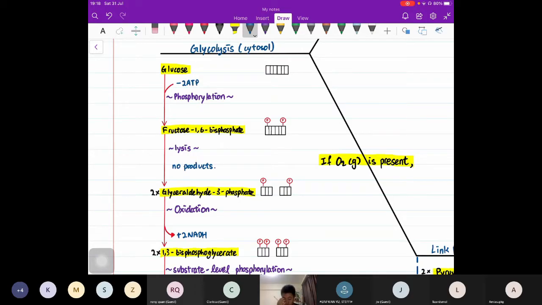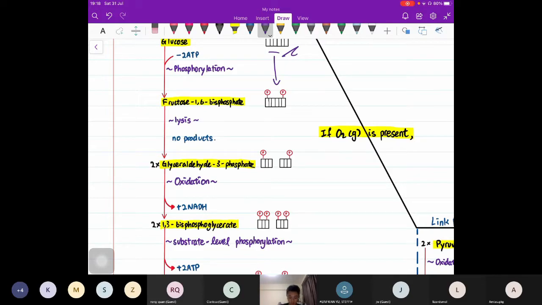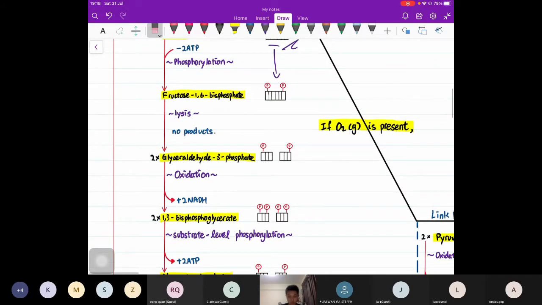The first thing is glucose becoming fructose 1,6-bisphosphate. From a 6 carbon, it stays a 6 carbon, but suddenly there are 2 phosphate groups there. That's why there's -2 ATP here, and this process is phosphorylation.